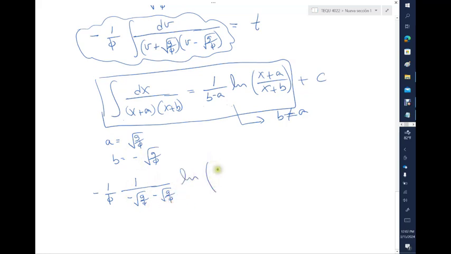In this case, x is v, and a, I said, is plus the square root of g over phi, over, and here it says, in my case, x plus b, so that would be v minus the square root of g over phi.